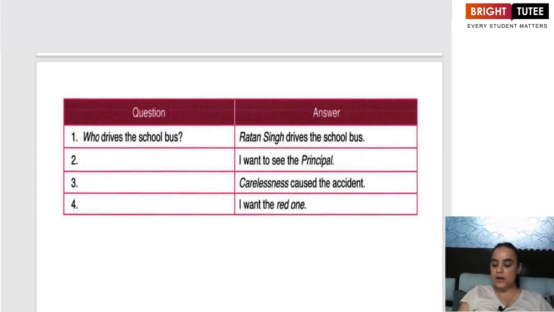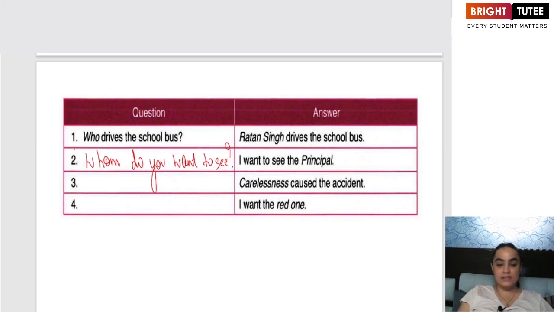Ratan Singh drives the school bus. Who drives the school bus? The answer is Ratan Singh. I want to see the principal. Whom do you want to see? And the answer is, I want to see the principal.